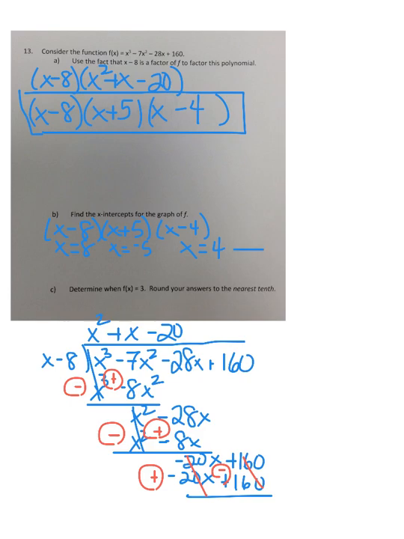Those are our zeros. Let me write that. So these are my zeros, which is not what the question is saying. The question is asking for x-intercepts. So remember, x-intercepts are written as an ordered pair, x comma y. So this would be 8 comma 0. The next one would be negative 5 comma 0. And the last one would be 4 comma 0. Those are your x-intercepts, always written as an ordered pair.